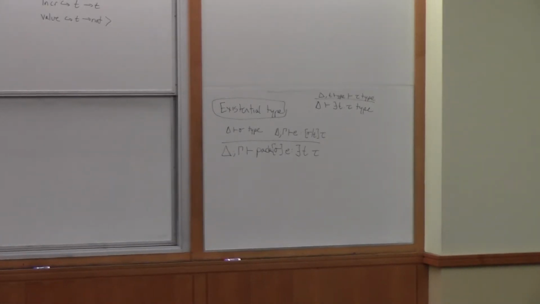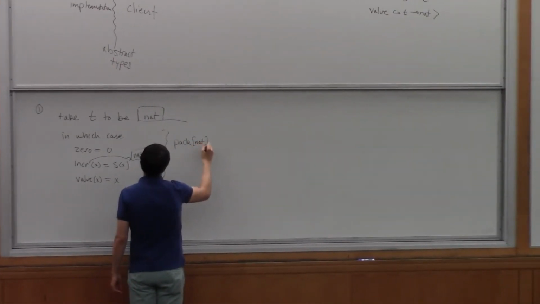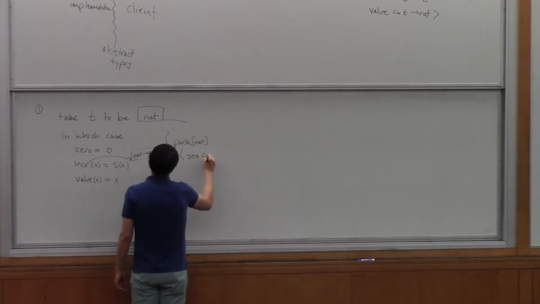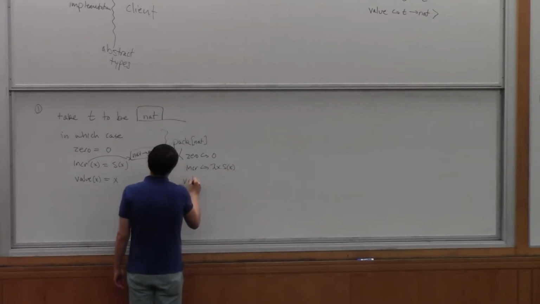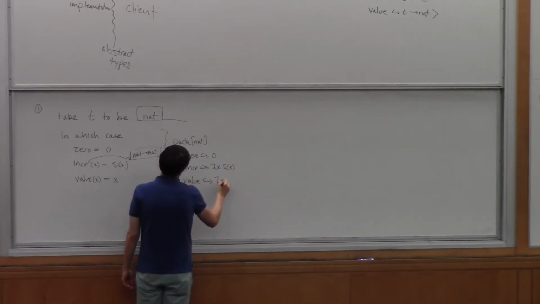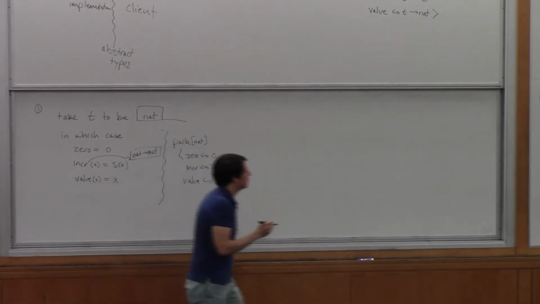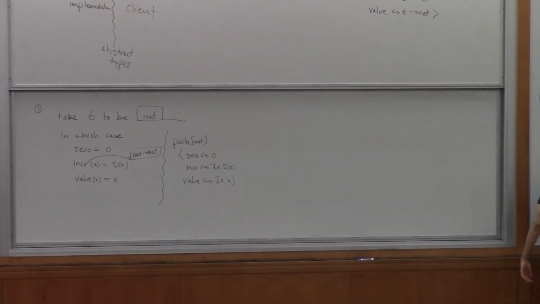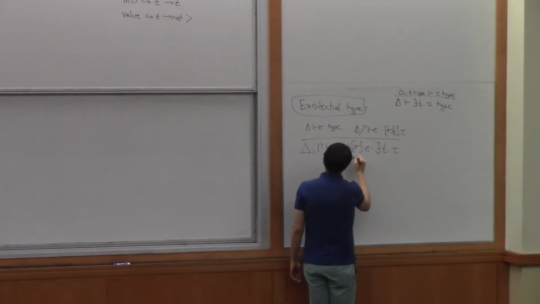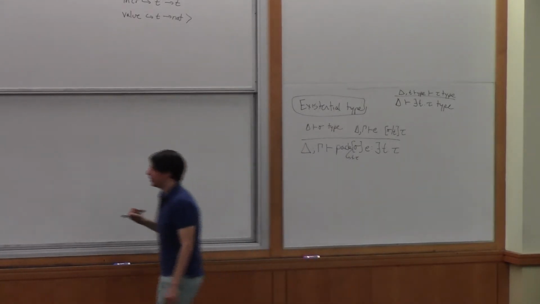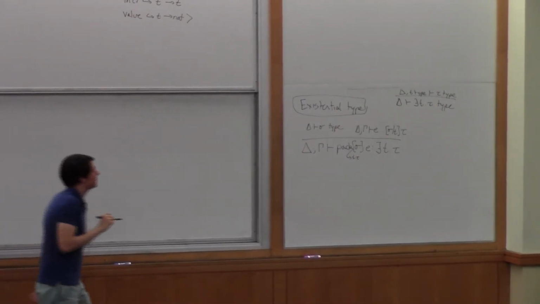So this idea here is that it would be something like pack nat, and then we would give a record value. 0 goes to 0. Increment goes to lambda x successor of x. Value goes to lambda x x. Okay? And for type checking purposes, we might want to annotate the term here with the t dot tau, but when I write the examples, I'll leave that off. Okay.